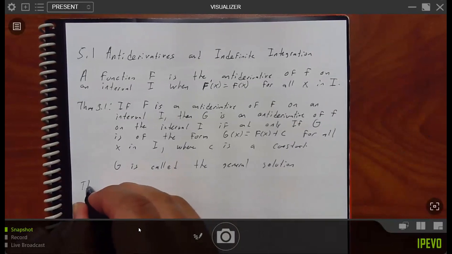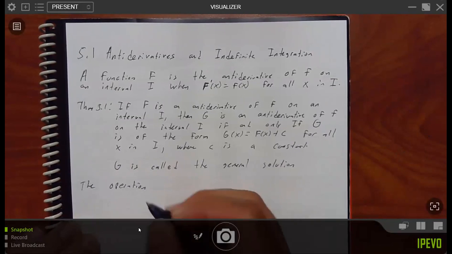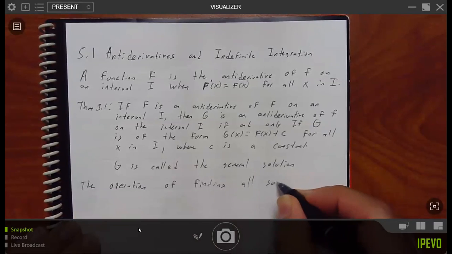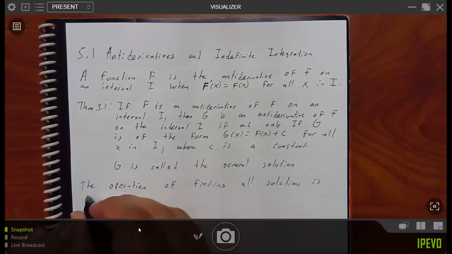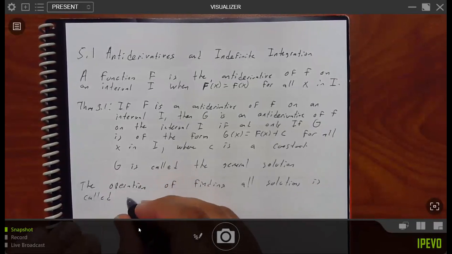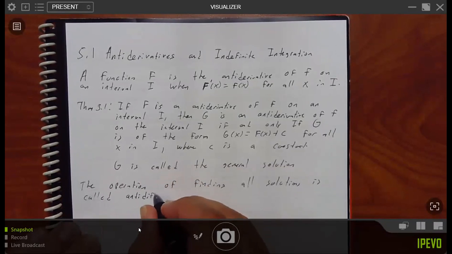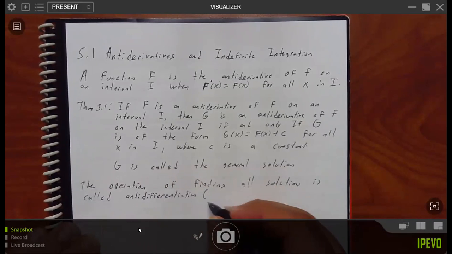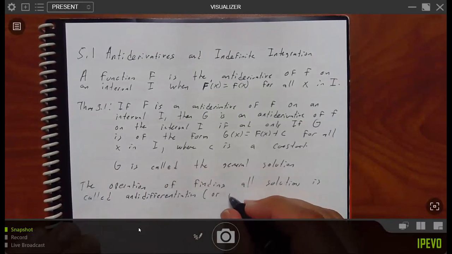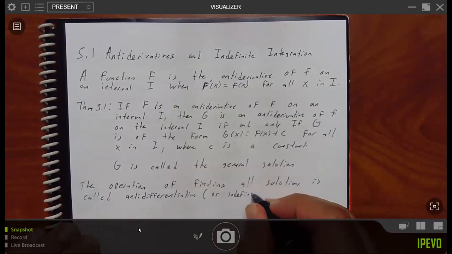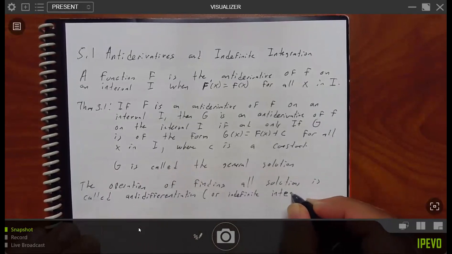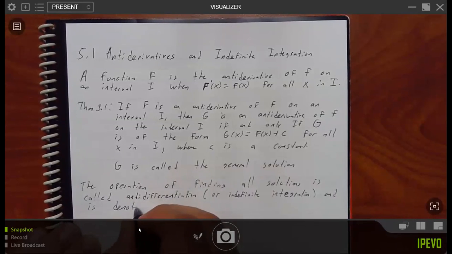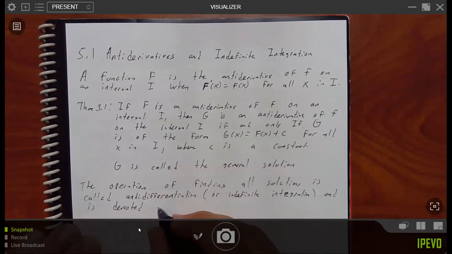Now, the operation of finding all solutions is called anti-differentiation, which we'll end up calling indefinite integral or integration, and is denoted as this here.